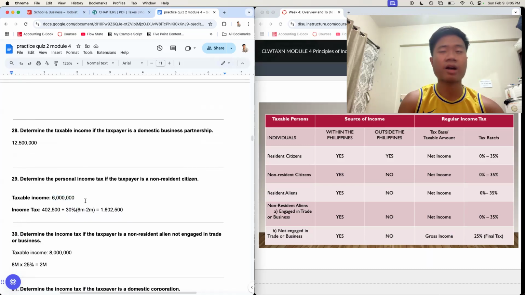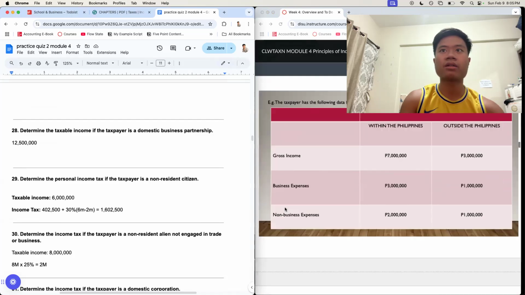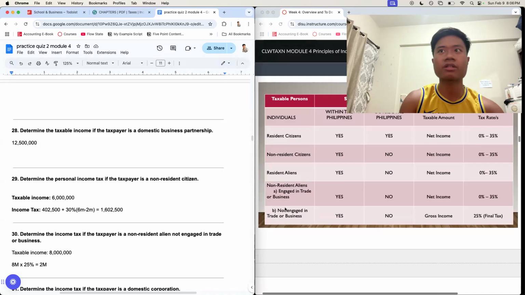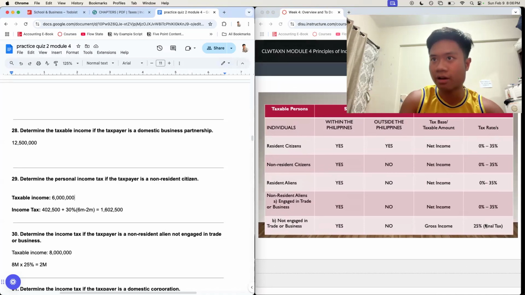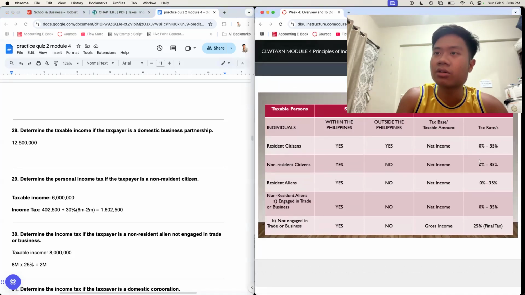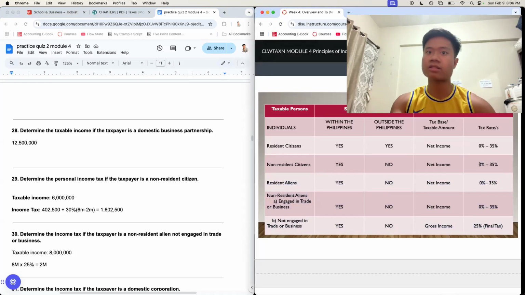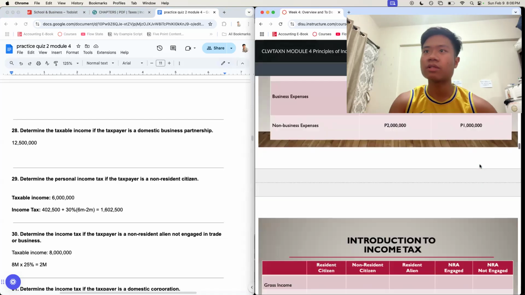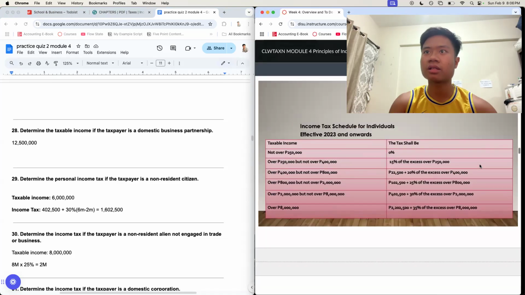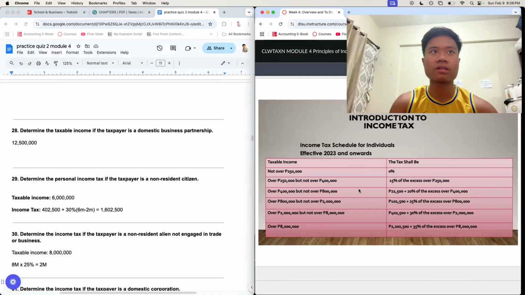But that's not all. We have to find the income tax. And how we do it is through another table. But first, we want to check how do we get the tax? Because it's different every time. And it says it's 0% to 35%. This means it's the graduated tax rate. It's the progressive system. So if we see here, where is it? Here. So how does this work?